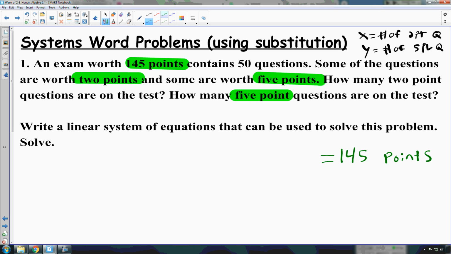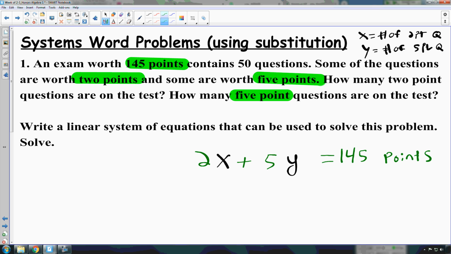If there are some number of 2-point and some number of 5-point questions, we take the 2-point questions and multiply those by 2, and the 5-point questions and multiply those by 5. So it's not X plus Y, but importantly it's 2X plus 5Y.